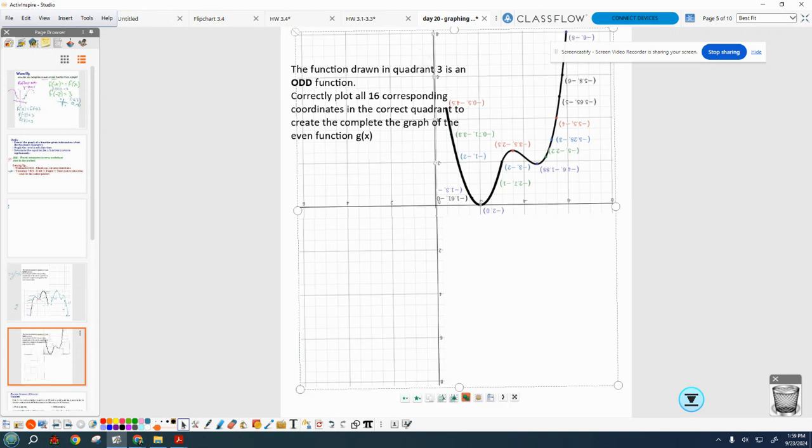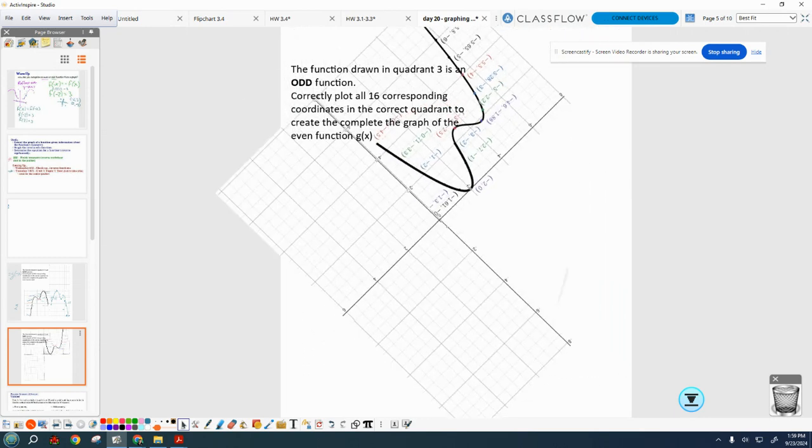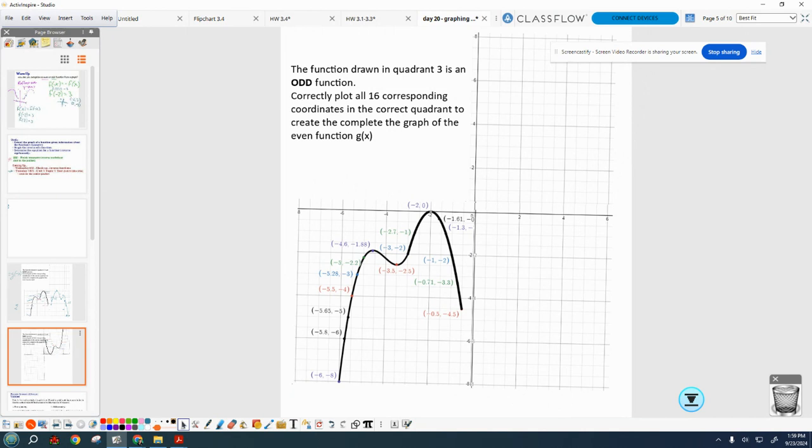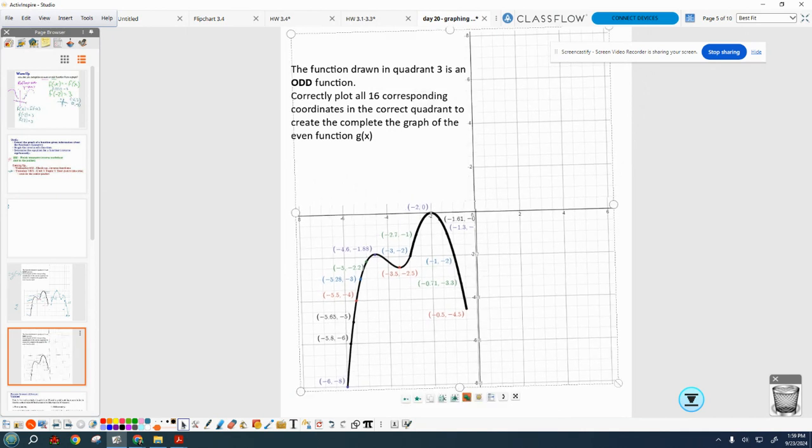So the coordinate negative 2, 0 became positive 2, 0. The coordinate negative 3, 2 became positive 3, negative 2. You just flip the signs. So those of you who didn't get to graph yet, go for it.